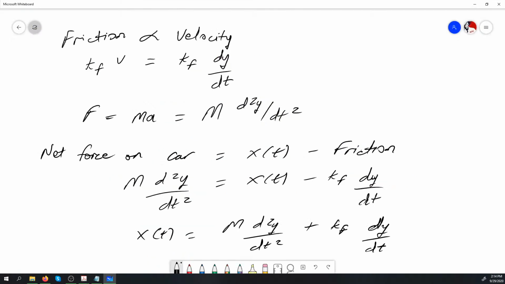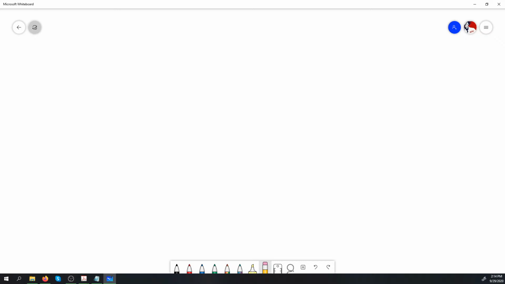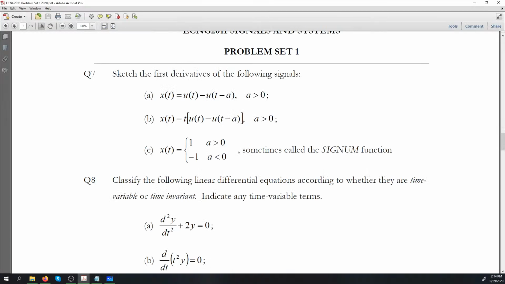Okay, so I can clear this, because it's saved on video for anyone who needs to review it later on. So our question asks for x of t equal to u of t minus u of t minus a, where a is more than 0.